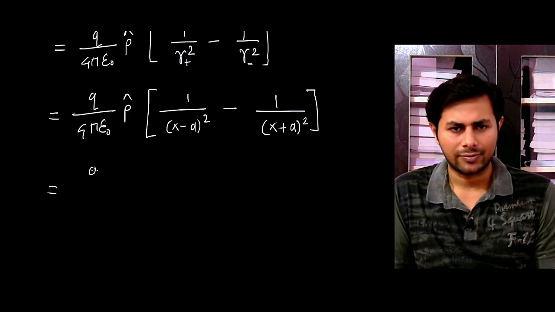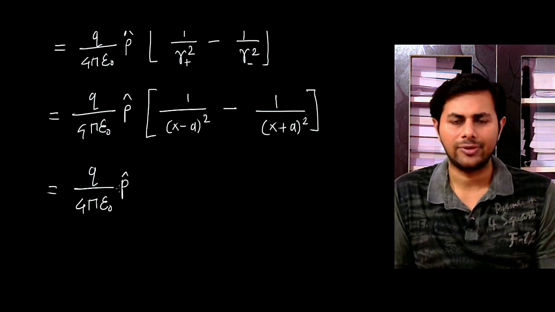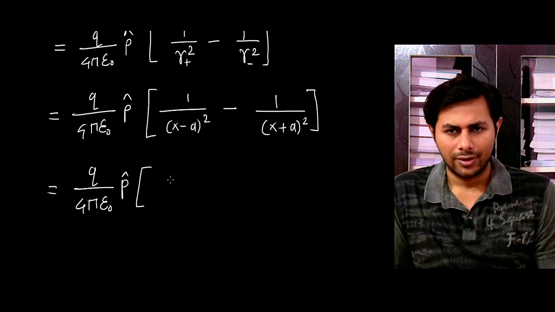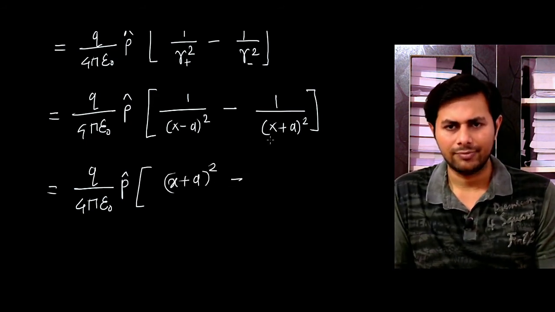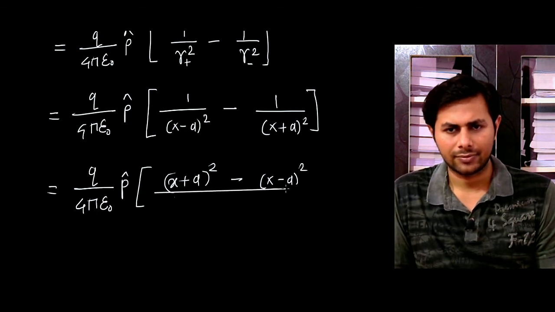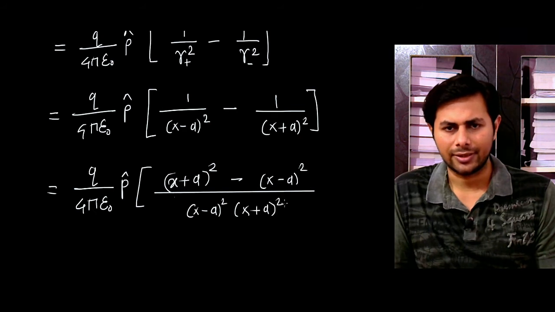So we have Q over 4 pi epsilon naught times P cap multiplied by x plus a squared minus x minus a squared, and in the denominator we will have x minus a squared multiplied by x plus a squared.